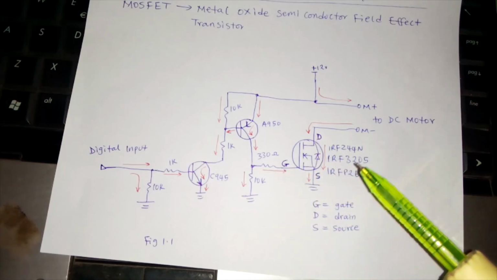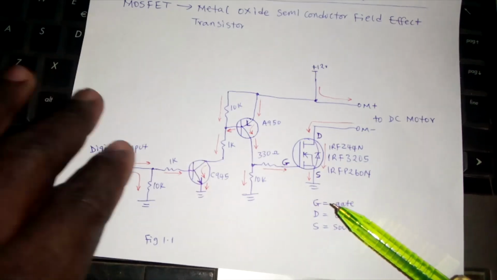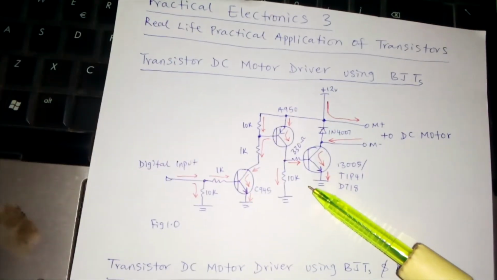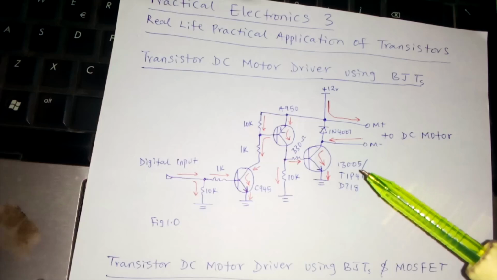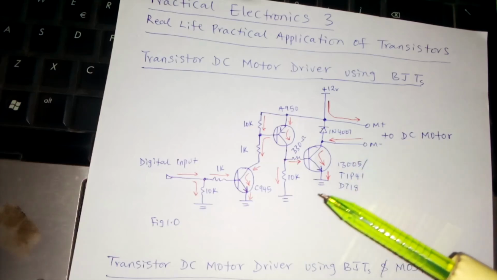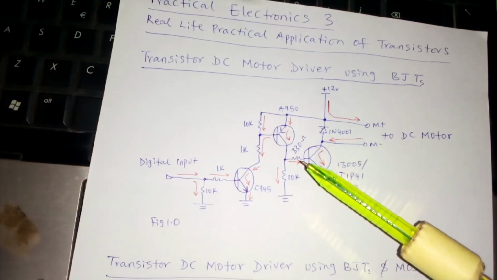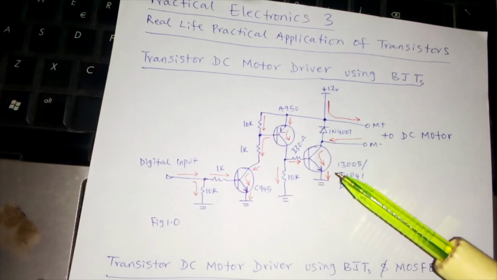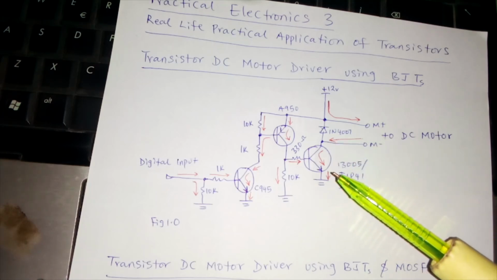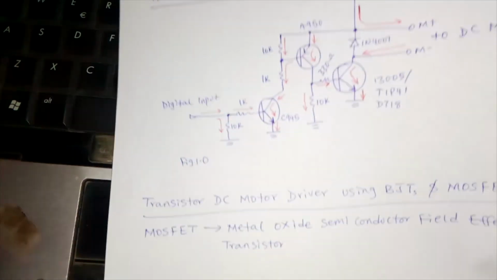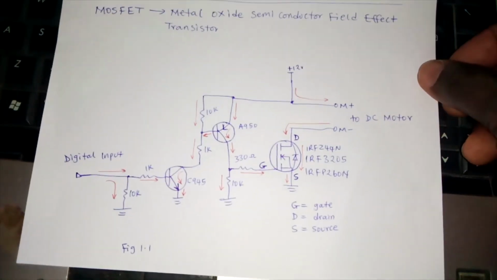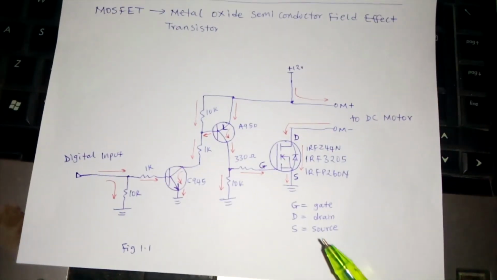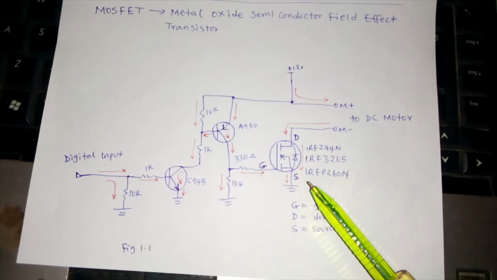Let's go back to our BJTs. In our BJT transistor, this is our base, this is our collector, this is our emitter. When you go to the MOSFET, the terminals are gate, drain, and source.